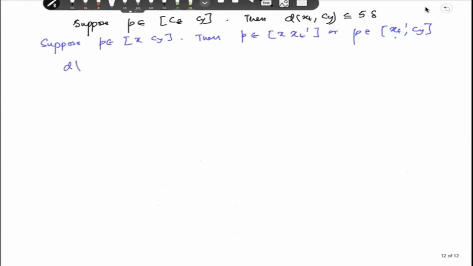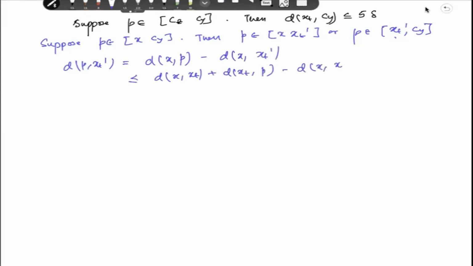Then the distance between P and xt' will be equal to the distance between x and P minus the distance between x and xt'. The distance between x and P is less than or equal to the distance between x and xt plus the distance between xt and P, minus the distance between x and xt'. Now because the distance between x and xt is the same as the distance between x and xt', these two terms cancel, and the distance between xt and P is less than or equal to delta.